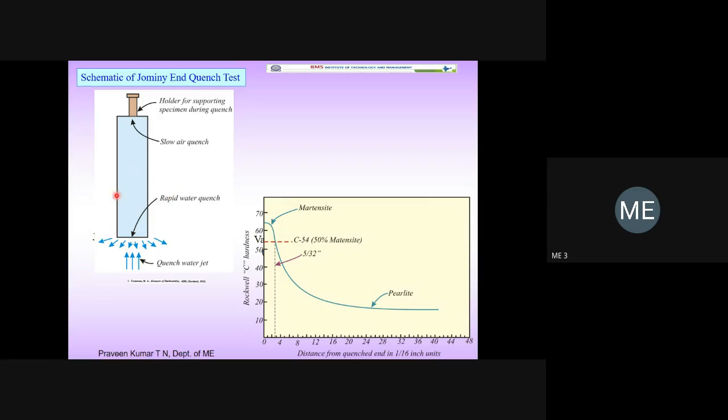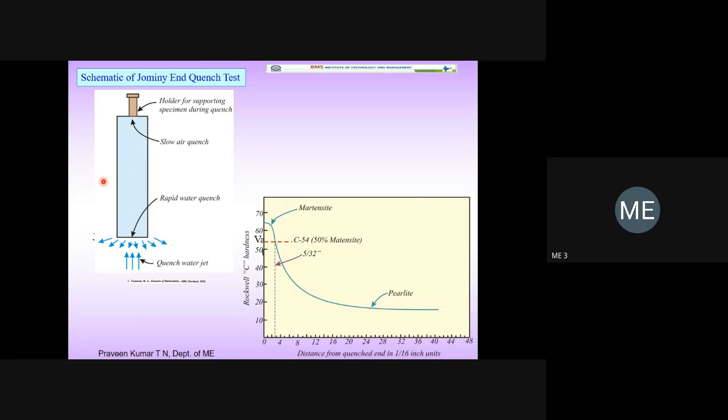If the specimen is at eutectoid composition, then the whole volume of the specimen will get heated. So on the surface of the specimen, there is a transformation from alpha iron to austenite.